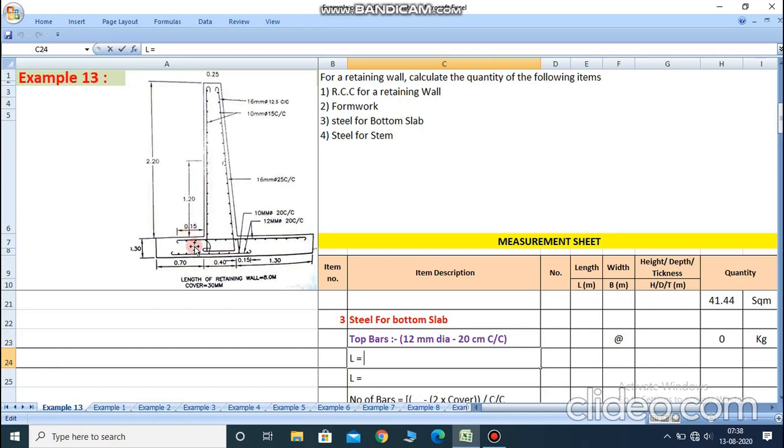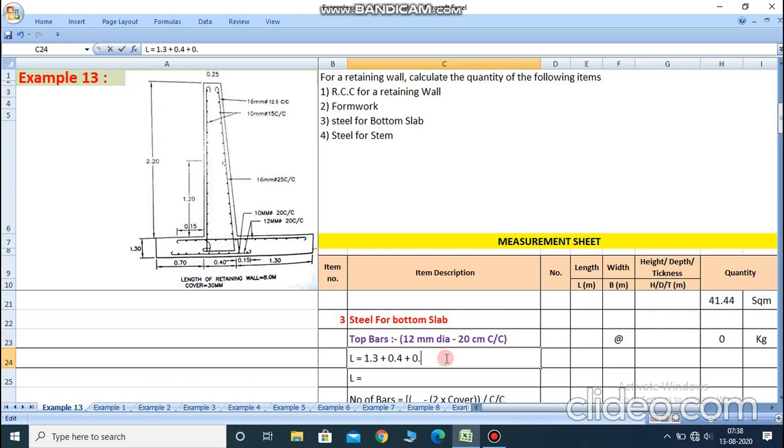Here two side hooks are provided, at the starting and end point, and here one side cover is provided. So your total length is equal to 1.3 plus 0.4. We take 1.3 here, 0.4 from here, and 0.15 from here. So up to this end we calculated the total length of the top bar.